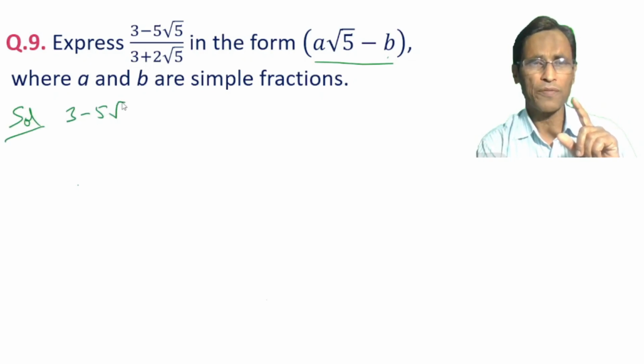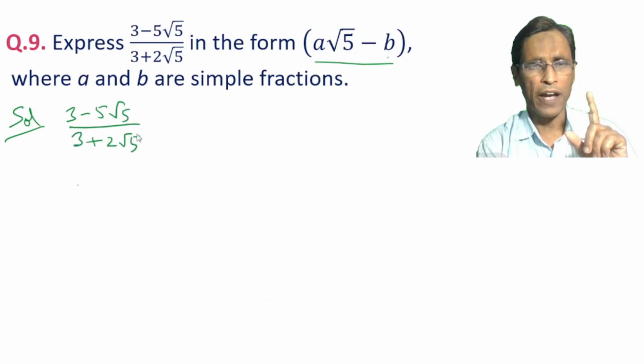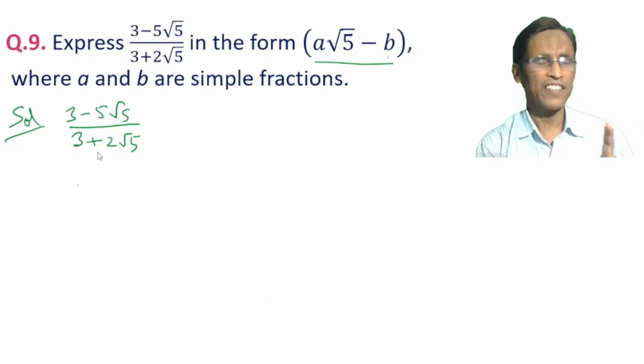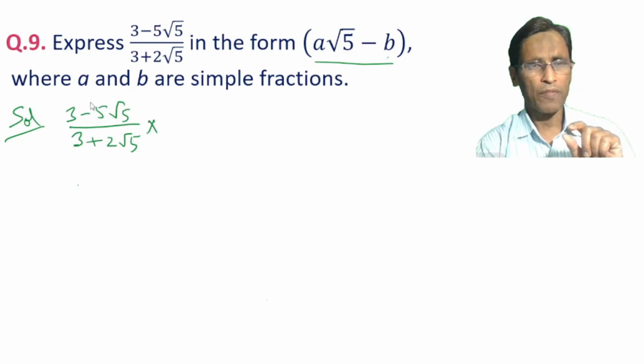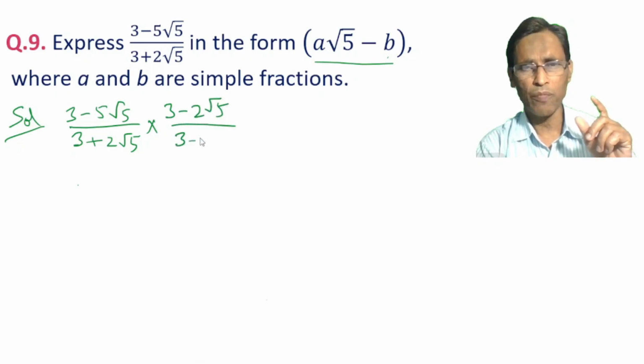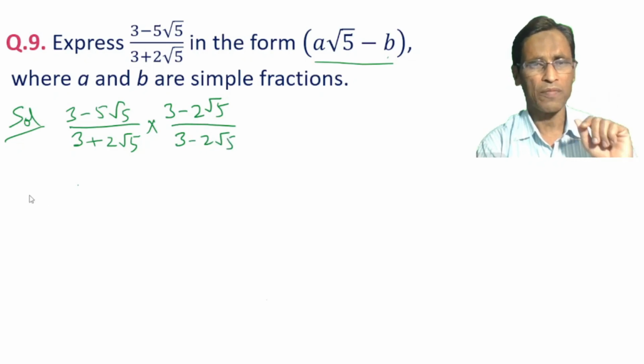To rationalize the denominator, we multiply it by its rationalizing factor, that is 3 − 2√5. Therefore, we multiply this fraction by (3 − 2√5)/(3 − 2√5).